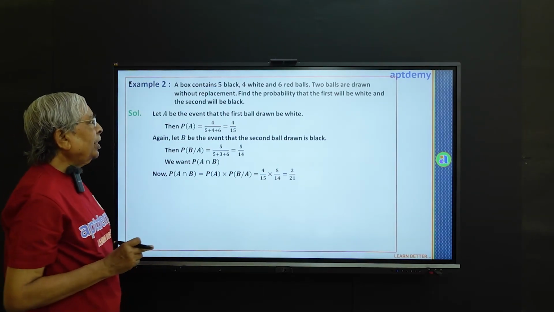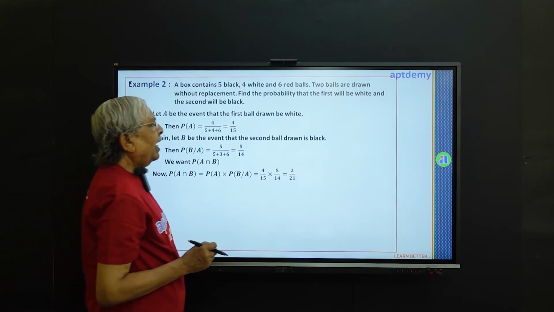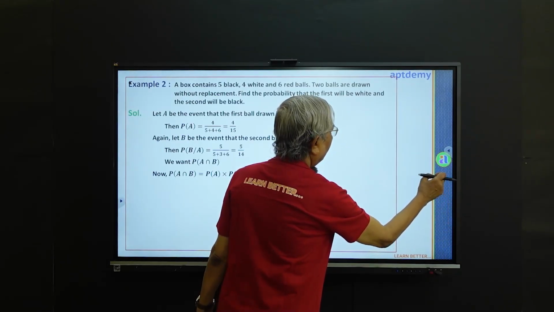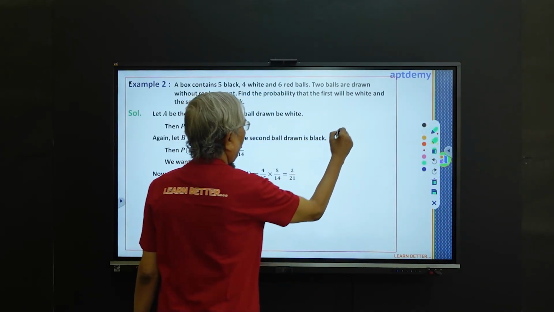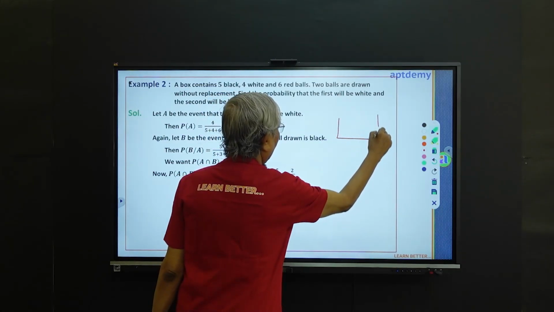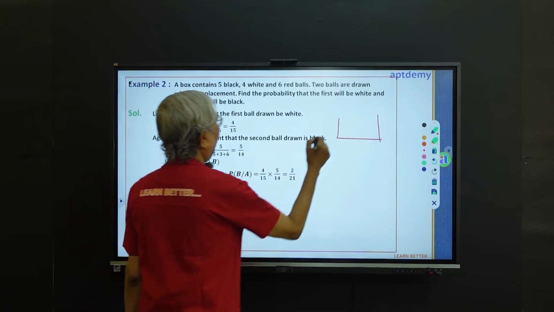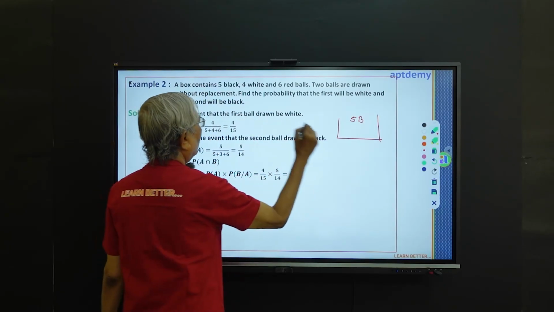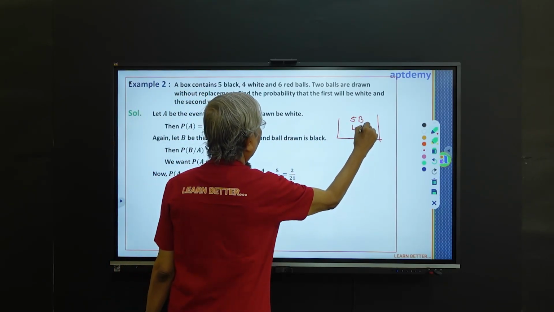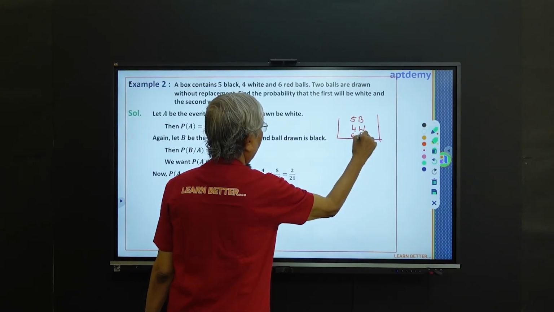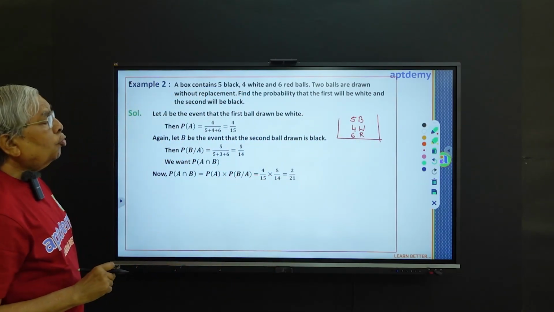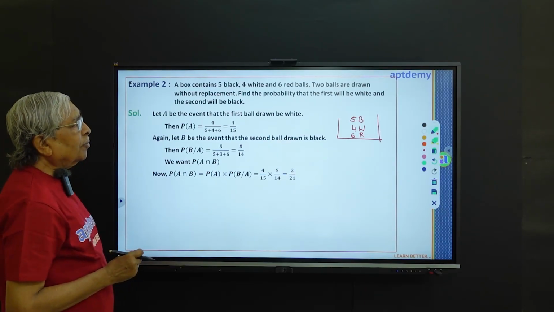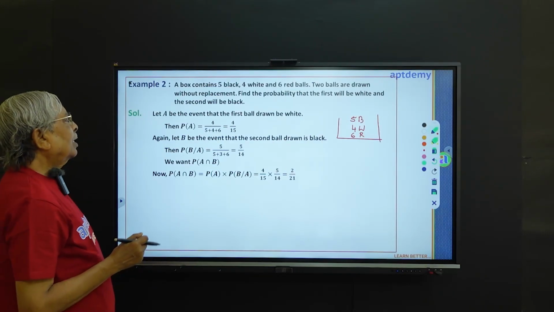Two balls are drawn without replacement. Find the probability that the first will be white and the second will be black.